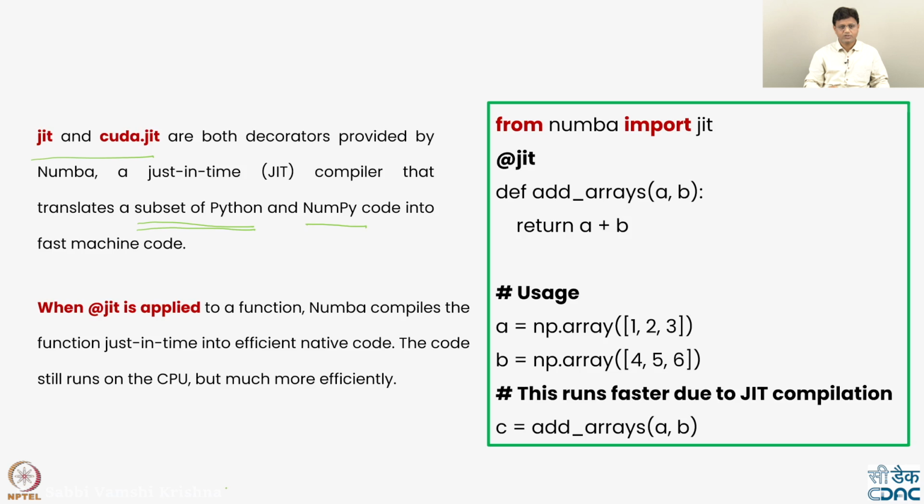The important thing is the word subset: whenever the JIT decorator is applied to a function, only that particular function is compiled into fast machine code.